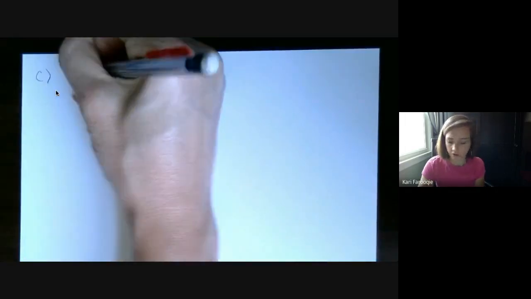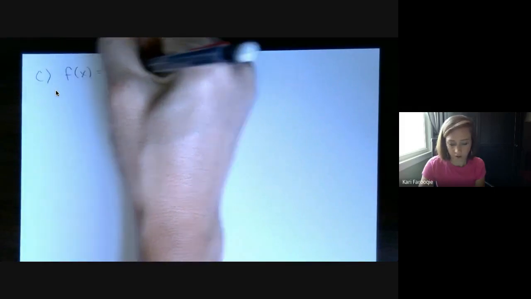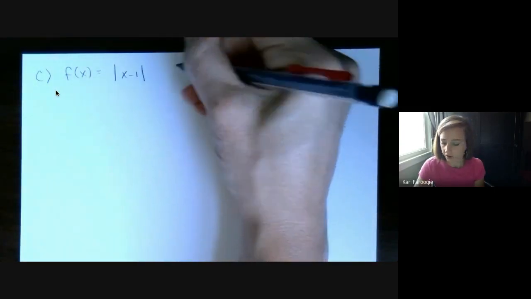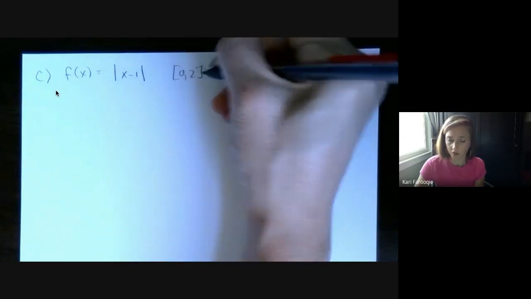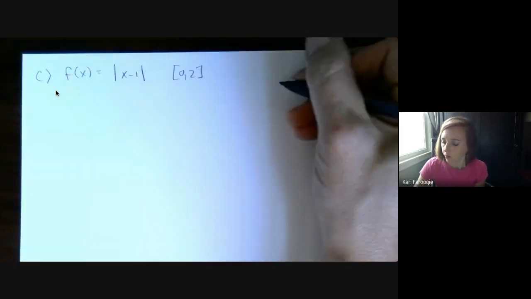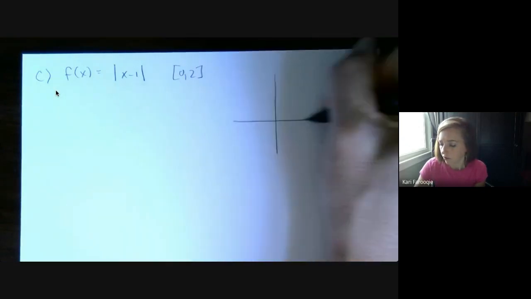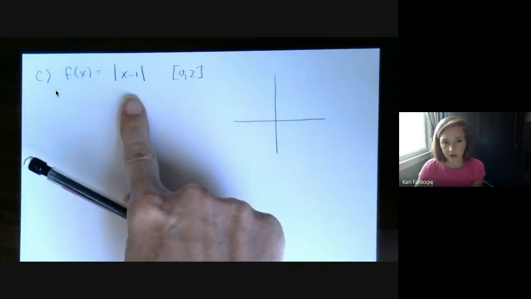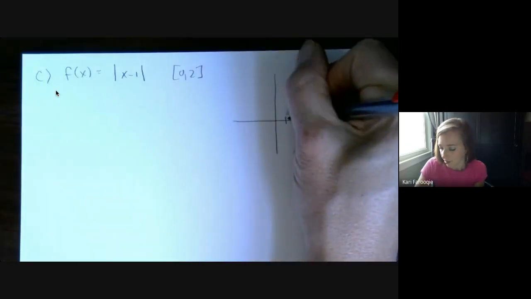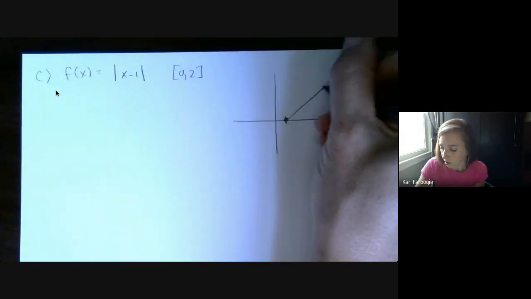This one is f of x equals the absolute value of x minus 1. And we're going to look at this on the closed interval from 0 to 2. Okay, now if it helps to graph this, graph it. It's the absolute value of x shifted to the right 1 unit. You can always pop it into your calculator if you must.